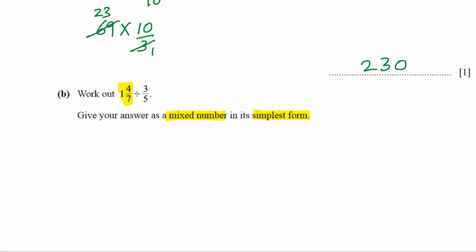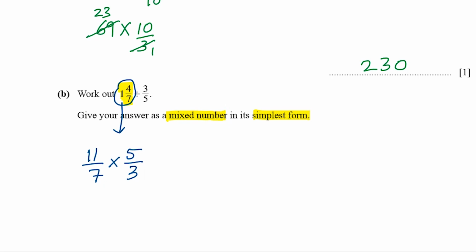We will convert this mixed number into a proper fraction. 7 ones are 7. We multiply the denominator by this whole number part and then add the numerator. So 7 times 1 plus 4, that will be 11 over 7. We will change the sign of division into multiplication, so we will take the reciprocal of the fraction after it, so it will become 5 over 3.